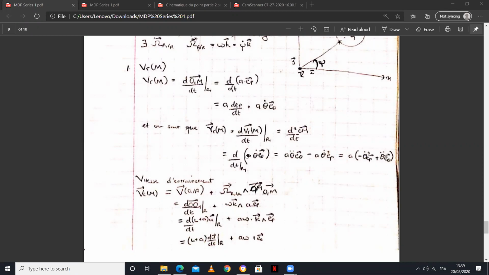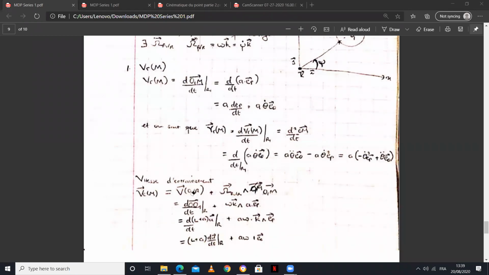Okay, so we now go to vitesse d'entraînement. Same formula, the same formula we had in the other question is the formula we'll be using even here. So we said vitesse d'entraînement is going to be equal to vitesse of the origin of the repère relative. The origin of the repère relative we said is what?